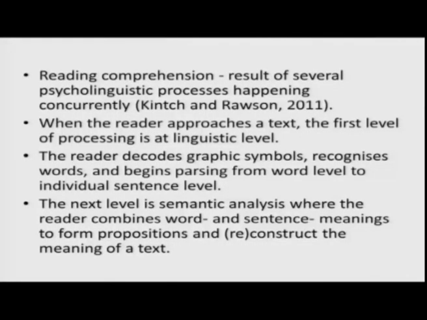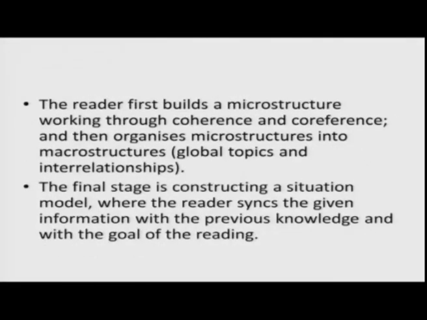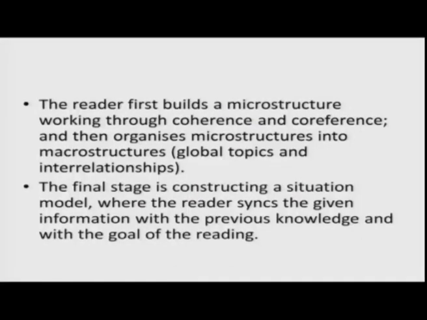You need to understand any given text as a whole. So, this is what we call forming propositions. The reader here first builds a microstructure, words and co-reference, connecting sentences, establishing links across sentences, establishing links across paragraphs, and then organizes microstructures into macrostructures, that is global topics and interrelationships.